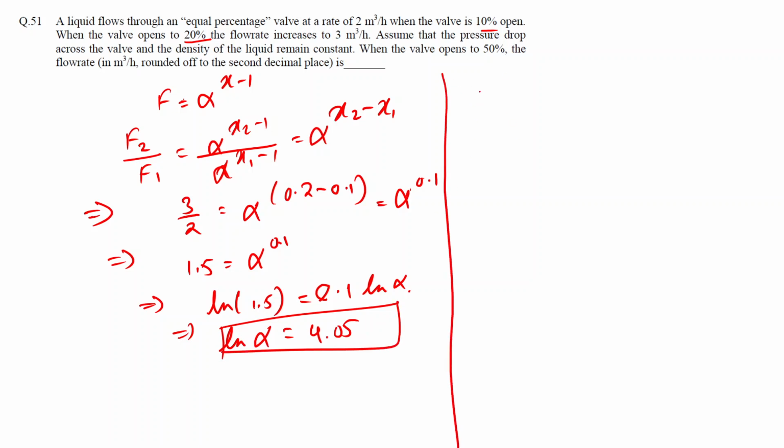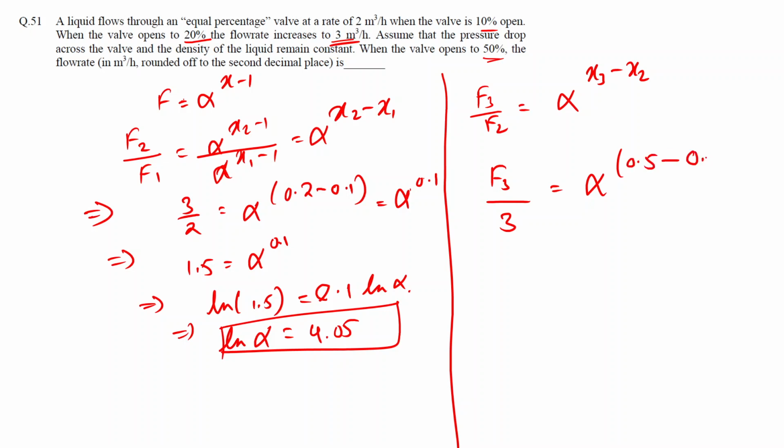Now for the other case, we can write that f3 upon f2 is equal to, similarly, alpha raised to x3 minus x2. f3 we have been asked to find, and f2, let's consider the third and second case, so f2 will be 3 times alpha raised to the valve opening of 50%, x3 is 0.5, minus x2, which was 0.2.